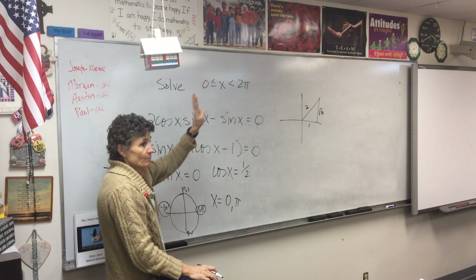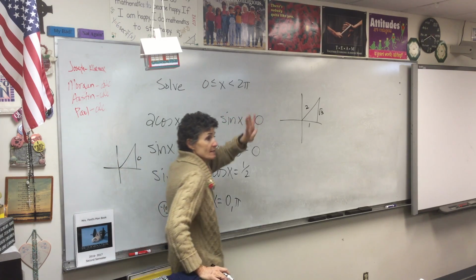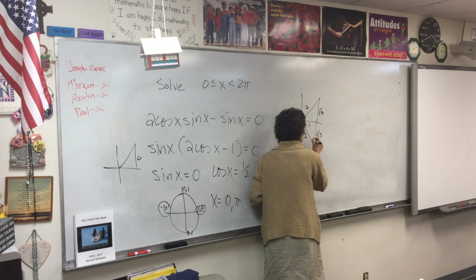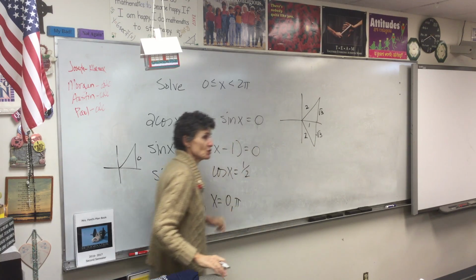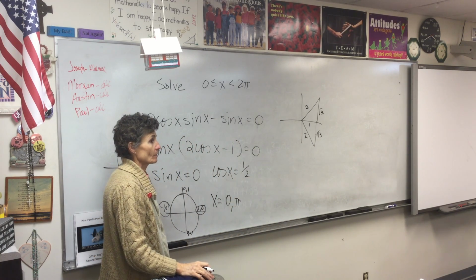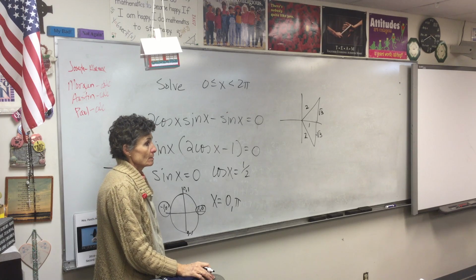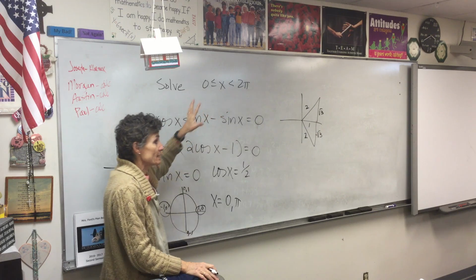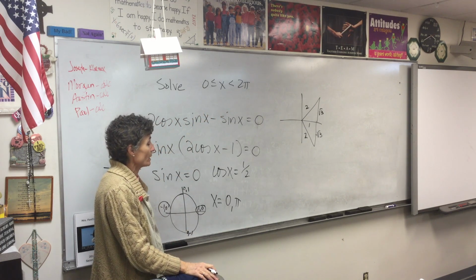Where else? He's right. In quadrant 4, the opposite side would be negative, but not the adjacent side, right? We're going all the way around. So we have to get all the places where the cosine can be a positive 1/2.